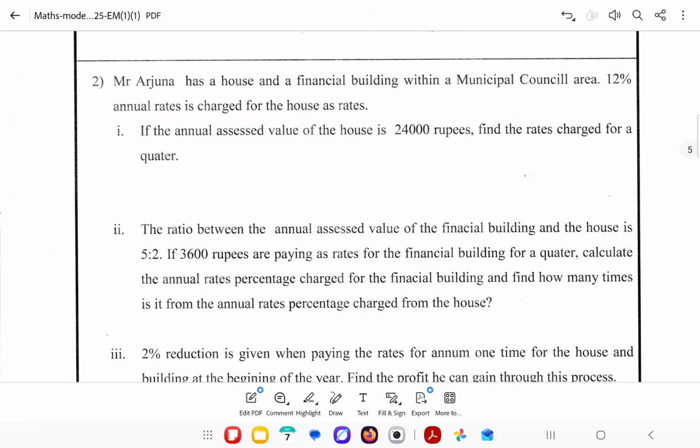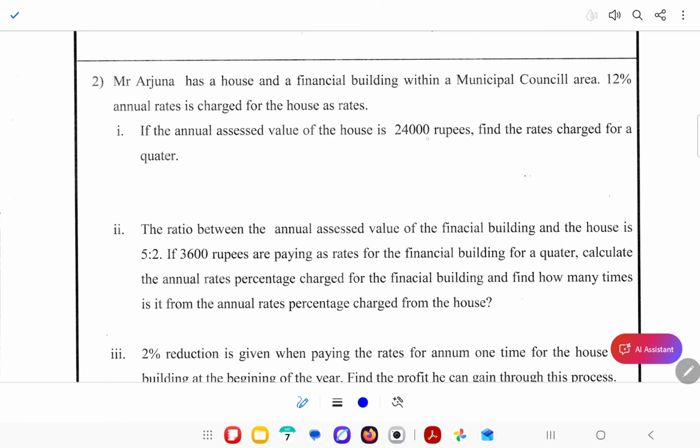Mr. Arjuna has a house and a financial building within municipal council area. 12% annual rates is charged for the houses as rates. If the annual assessed value of the house is 24,000 rupees, find the rates charged for a quarter. So 24,000 is the house value, 12% is charged, so 12 over 100.